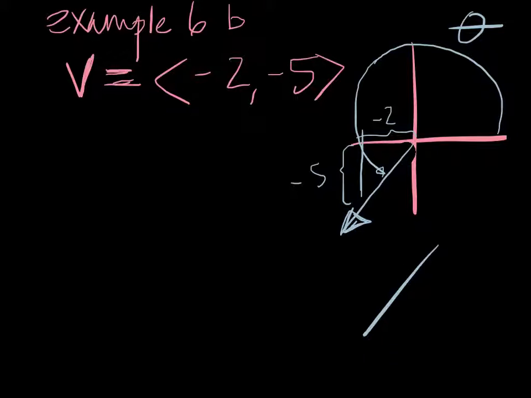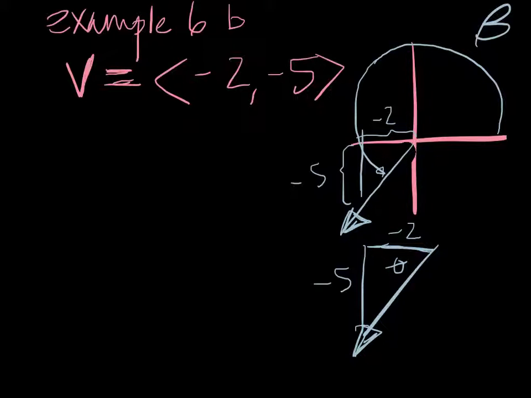We can still do that. I have a vector v. This length is -2, or just 2, and from here to here is 5. I can call this theta, because that's the angle this vector makes with the x-axis. That's why your book calls this beta. So the first thing I want to do is find the magnitude, the length of this vector.